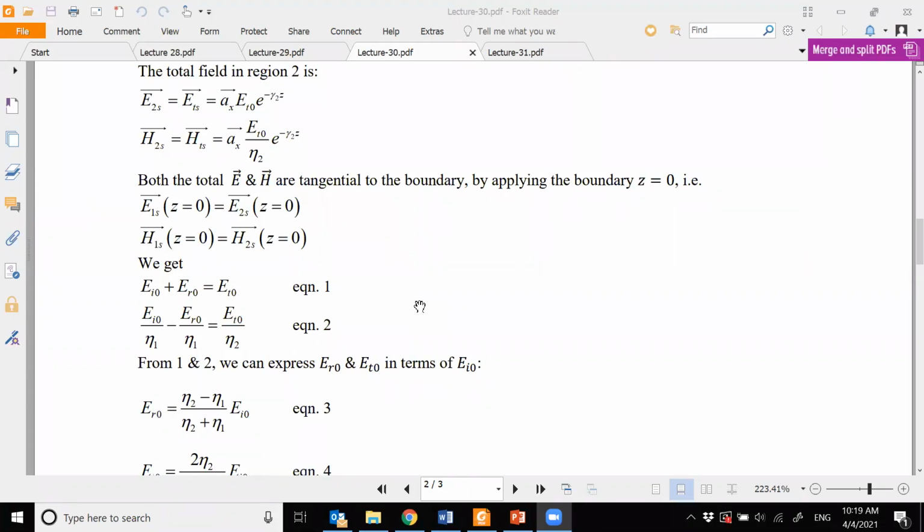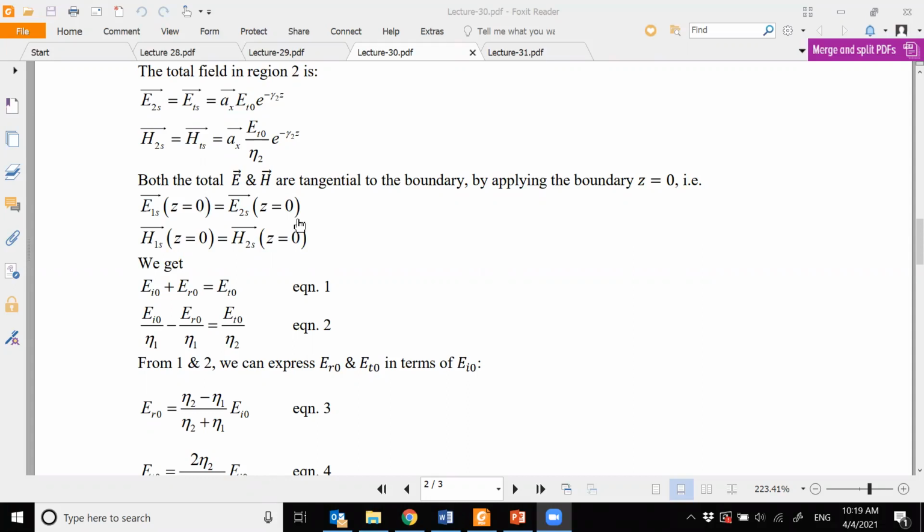The boundary condition says that if rho v is 0 and there is no surface current, then the tangential component of electric field and also the tangential component of magnetic field will be continuous.